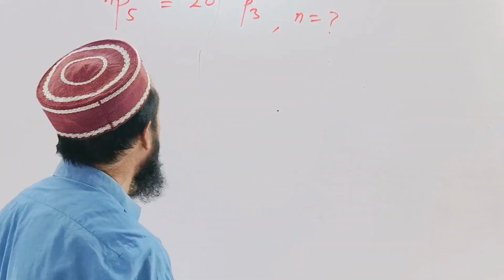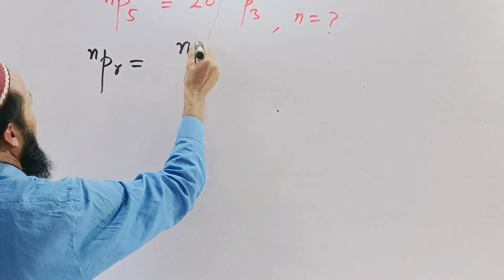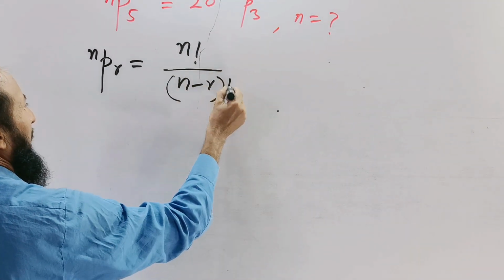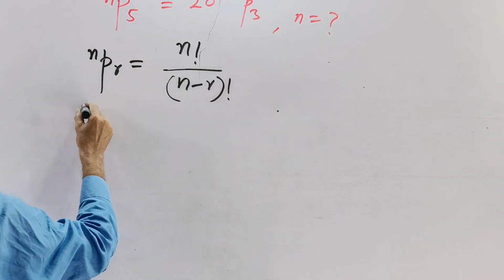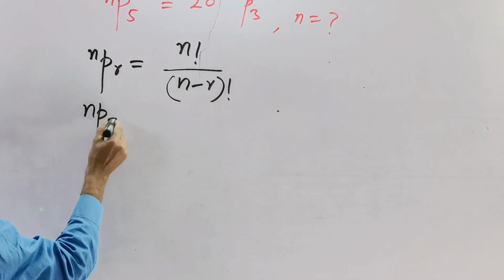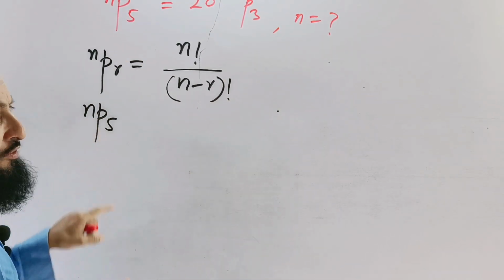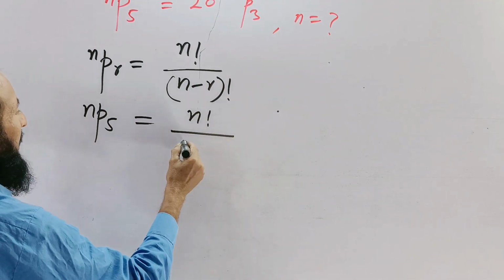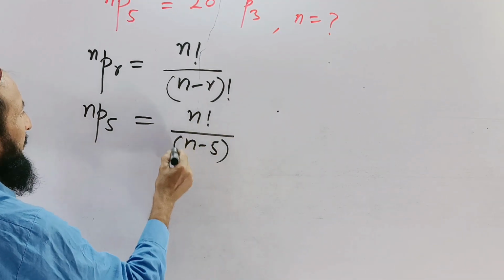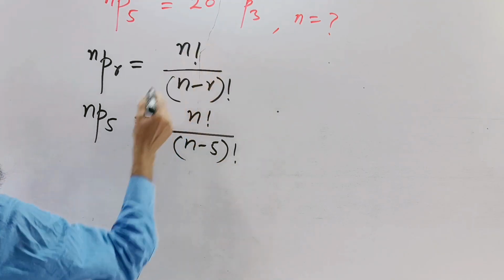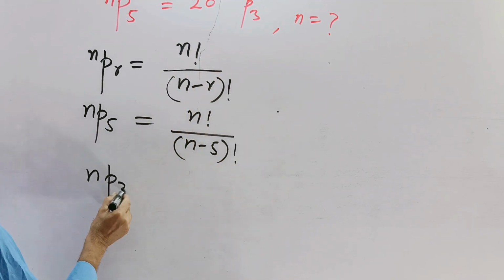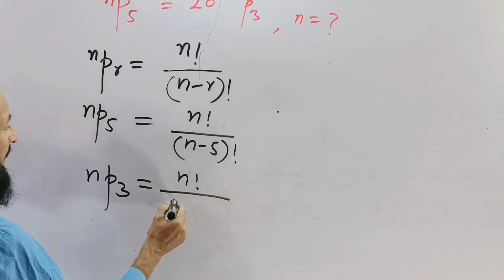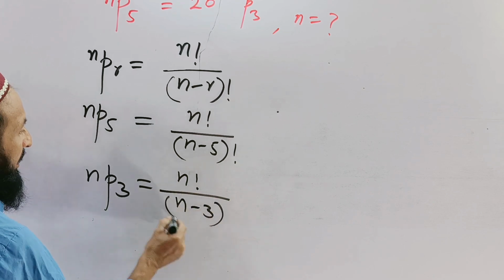Here we can write n factorial divided by (n minus r) factorial. According to this, first of all we define nP5 as n factorial divided by (n minus 5) factorial. Similarly, nP3 we can write as n factorial divided by (n minus 3) factorial.